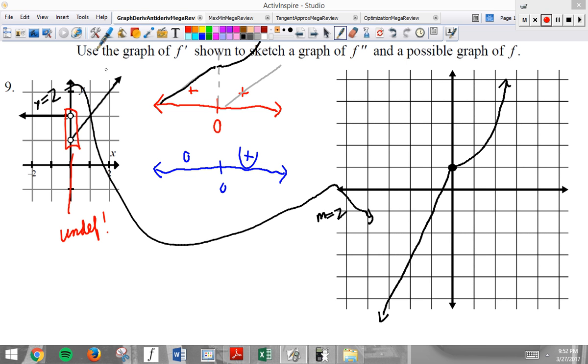Okay? That's right. Something like that. Now this could be shifted vertically, up or down, but the key point has to happen at 0.